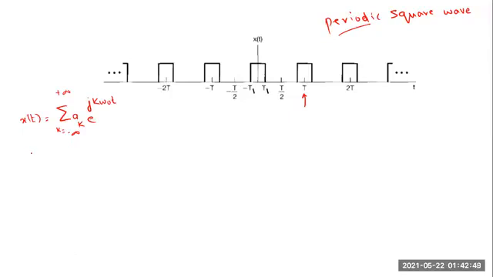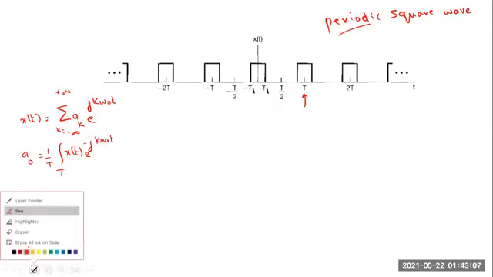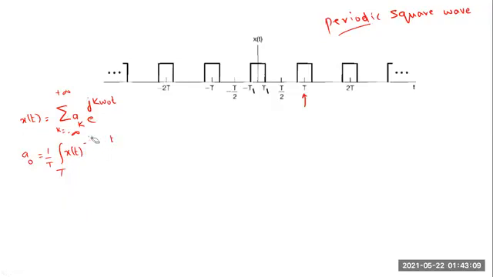So first of all, let me find out the DC component. This is the expression to find out the DC component.